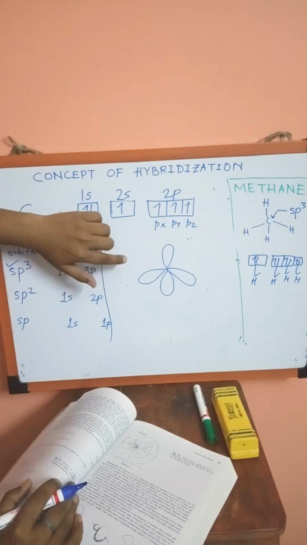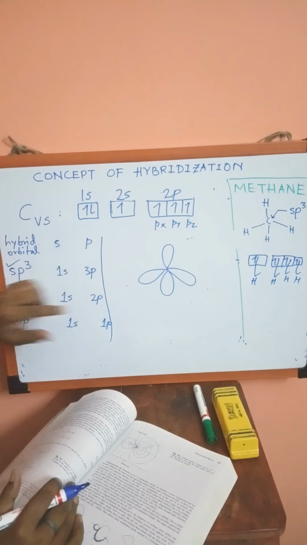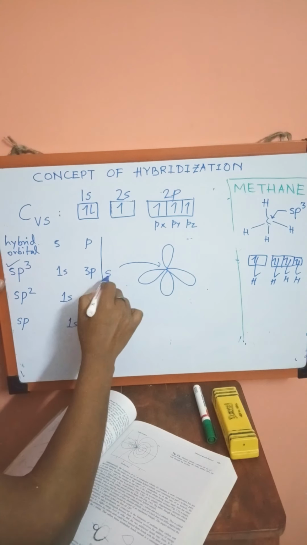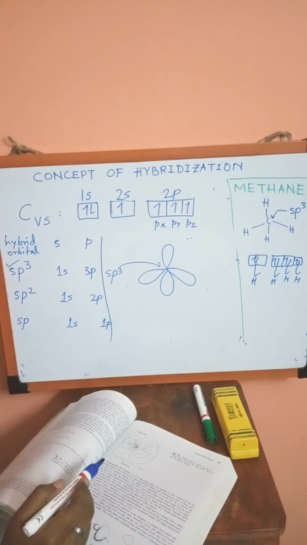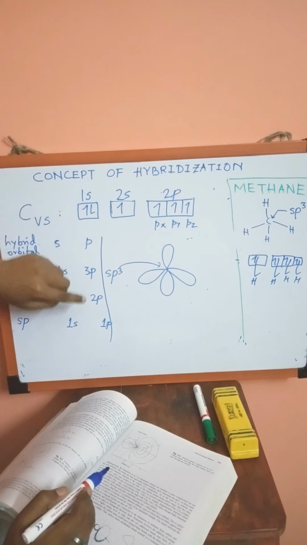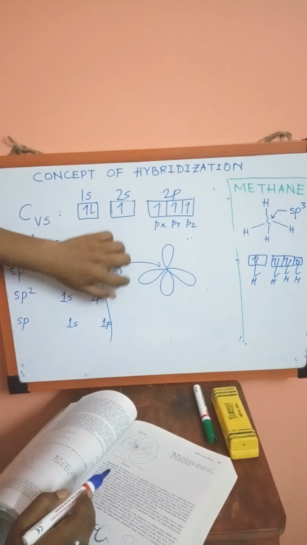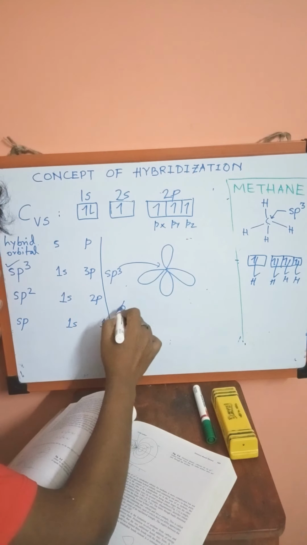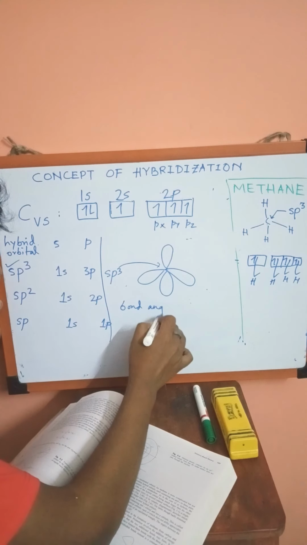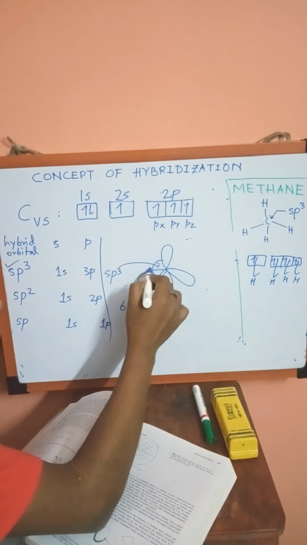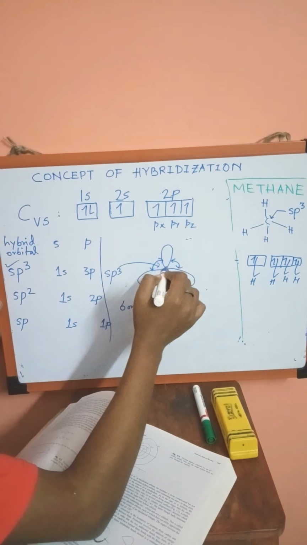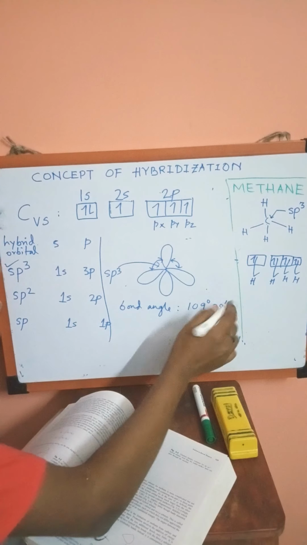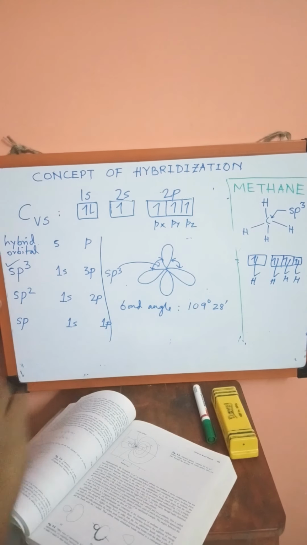I can show you in 3D how to draw it, but it was observed that through this combination of s and 3p, you will get an sp3 hybridized carbon, around which these 4 hybrid orbitals will be projected towards the corners of the tetrahedron in such a way that the bond angle between any of these 2 orbitals will be 109 degree 28 minutes.